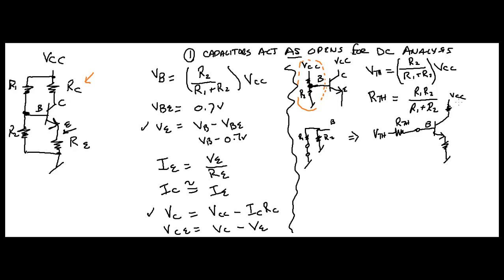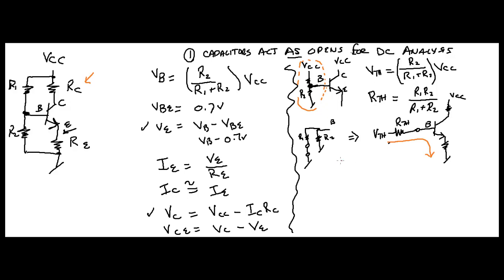Now, at this point, this is where it gets rather interesting. Let's start here. So if we're starting at V Thevenin, let's go through it this way, down to ground, right? That's what we're interested in here. So let's look at this.